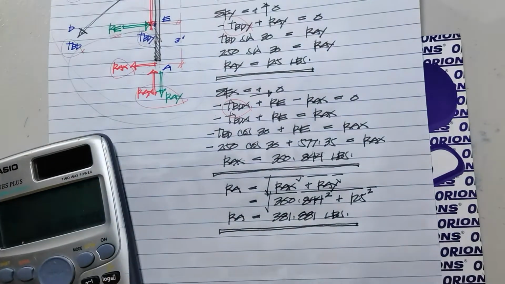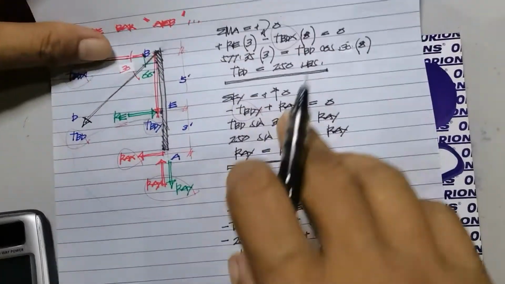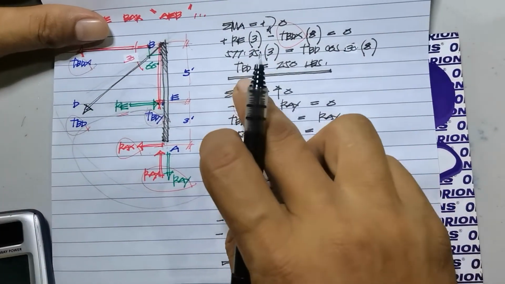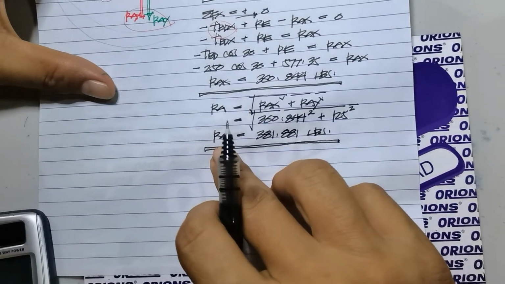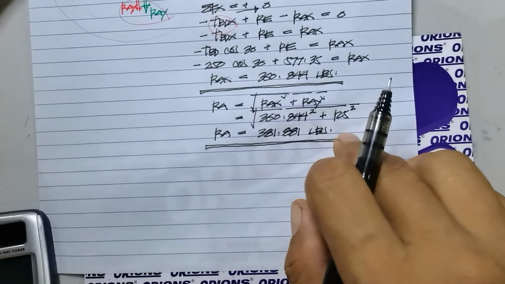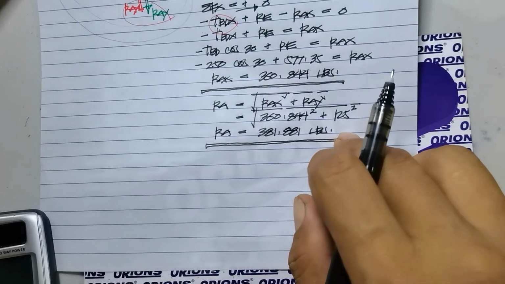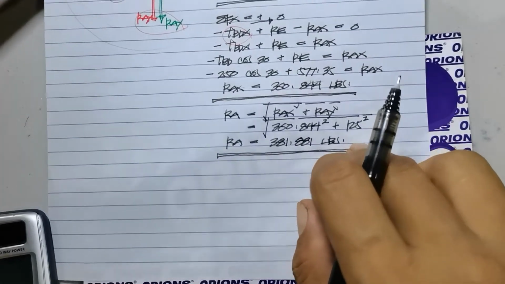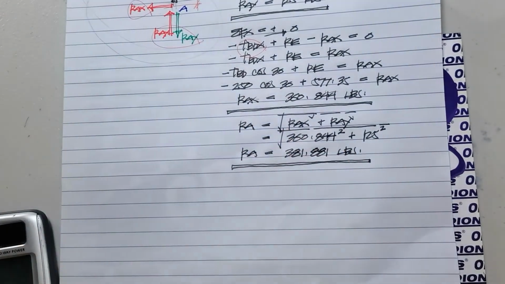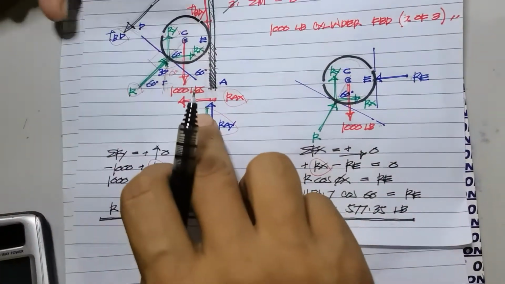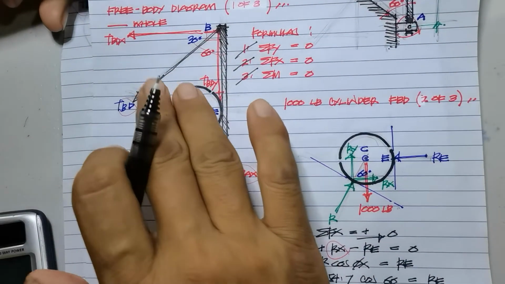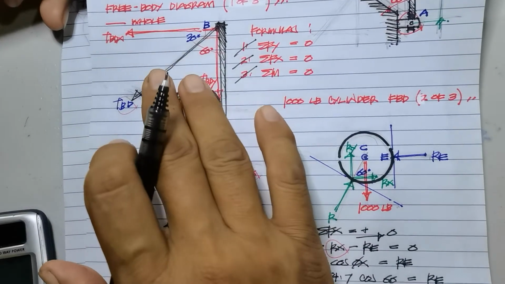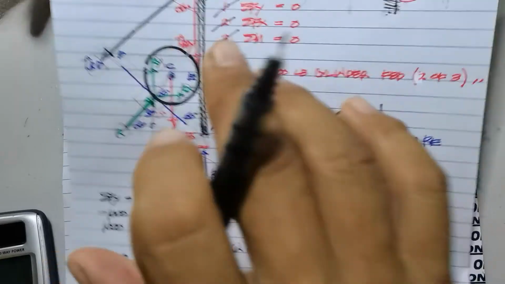So, nakuha na natin yung hinahanap, yung corresponding tension on the cable BD and then yung corresponding reaction on the part of pin located at A. Now, to check kung tama ba yung mga na-obtain natin na values, possible pa rin yun. At gagamitin natin is yung ating original free body diagram that was not used previously. So, gagawa na naman tayo ng another isolation.